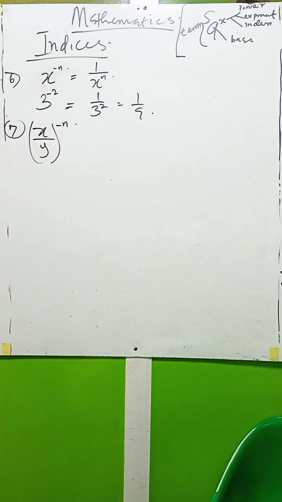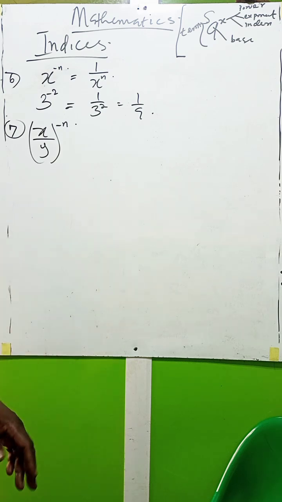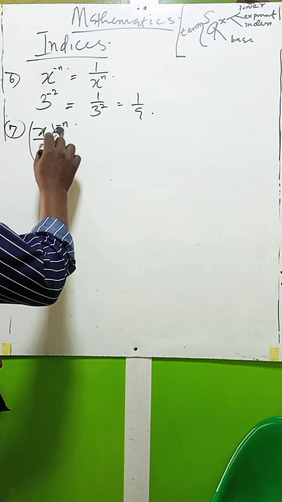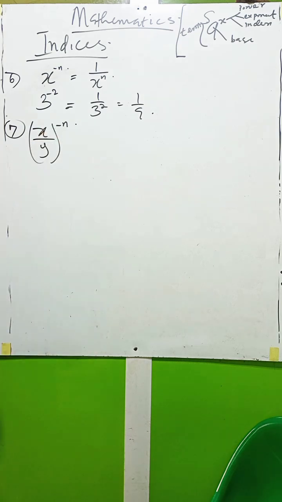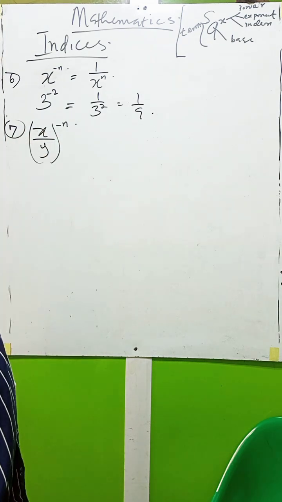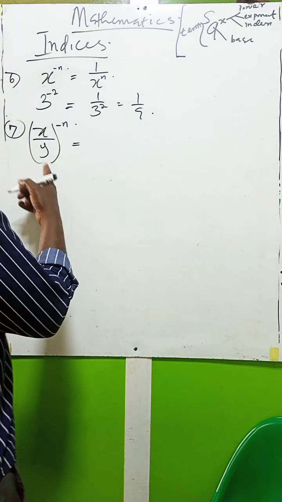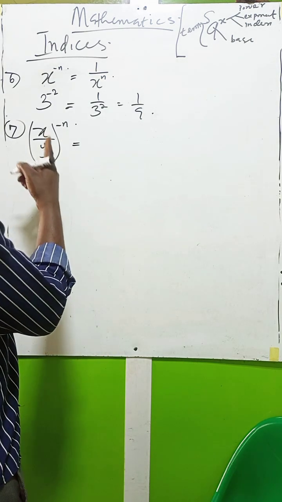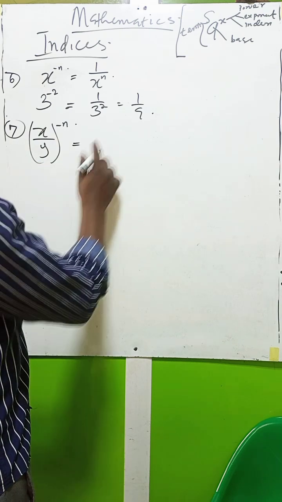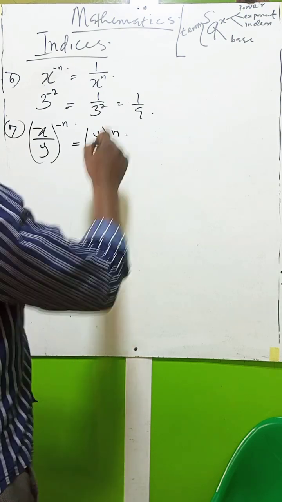The law states that for the negative power to go off, we'll take the reciprocal of the fraction. Then the result becomes the reciprocal of the fraction without the negative power. It becomes y over x raised to power n.